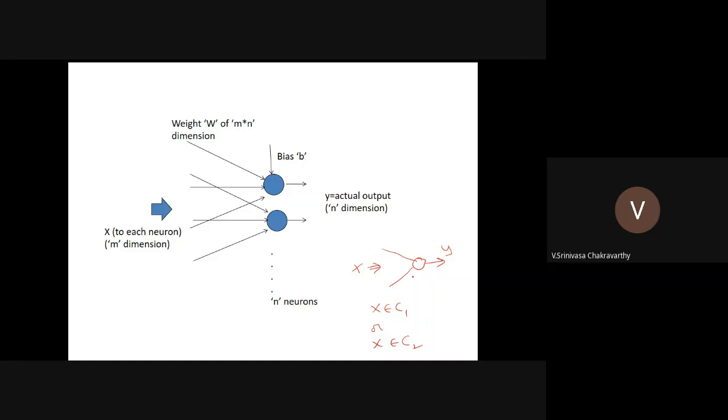So you can make this single neuron classify x and say whether it belongs to class 1 or class 2. If it is in class 1, let us say y is 1. If it is class 2, let us say y is equal to 0. So a single neuron in principle can classify an input vector into two classes. If you want more classes, then you have to have more neurons, but we'll come to that later.